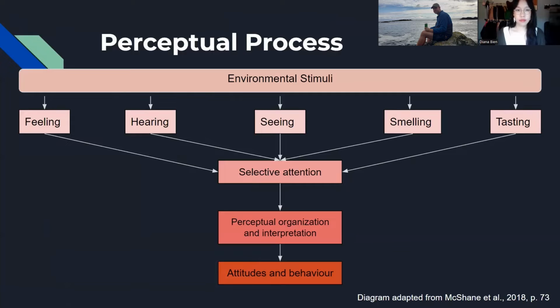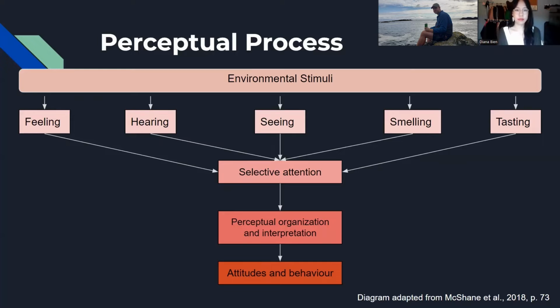Often we receive these stimuli through more than one sense at a time. The stimuli then go through a screening process called selective attention, where our brains review and determine whether information is relevant or irrelevant to the individual. We'll look at selective attention in more detail on the next slide. As part of the selective attention stage, emotional markers are also attached, which assist in storing and recalling information in our memories, as well as the information associated with this memory.